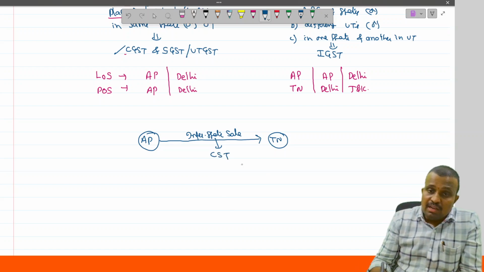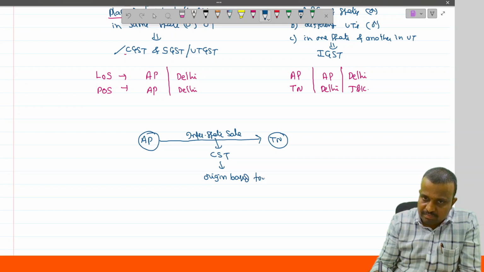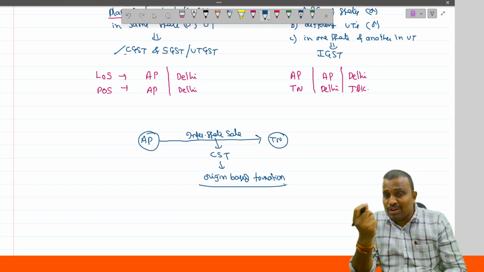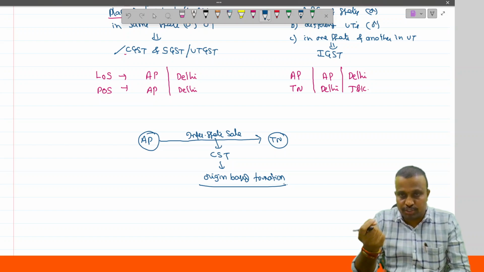Central sales tax. In case of the central sales tax, they followed origin based taxation. There are two types of tax structures: one is origin based taxation, another one is destination based taxation.